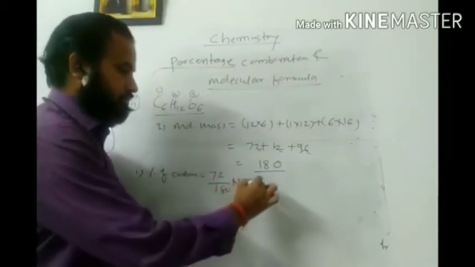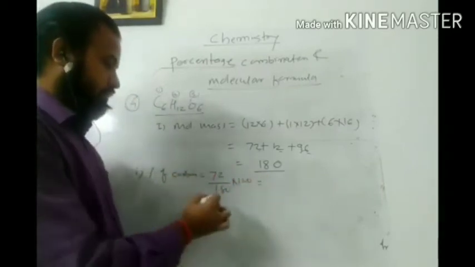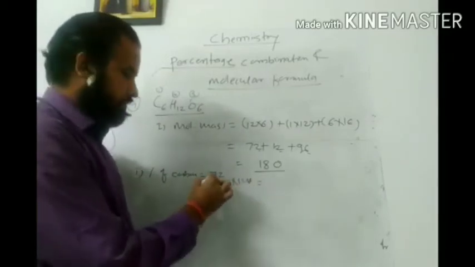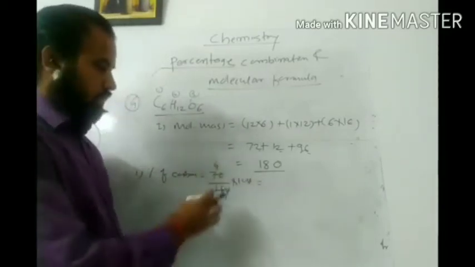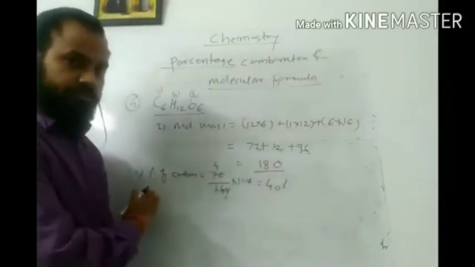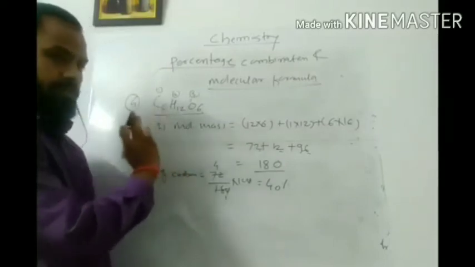If we simplify it, the 0s cancel out, 18 times 4 is 72, so it becomes 40. Percentage of carbon is 40, or 40% carbon is there in this molecule.